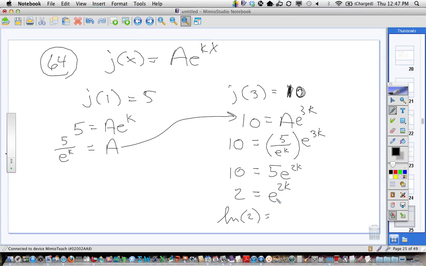What do I get when I take the natural log of both sides? 2k. Divide by 2. You'll find that I don't like dividing very much. I'd rather use fractions, and you'll find the same as we go through the year. So I'd rather not write ln 2 divided by 2. I'd rather write 1/2 ln 2. It's going to be much better to think of that as a 1/2 or a 0.5 instead of a divide by 2.